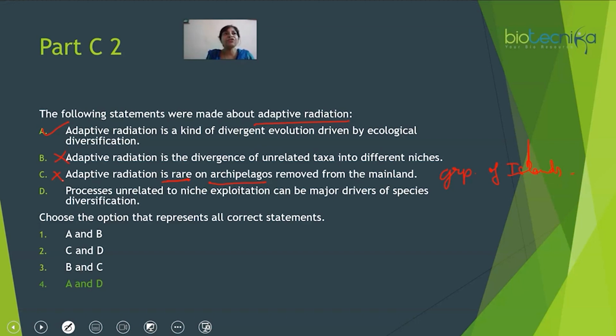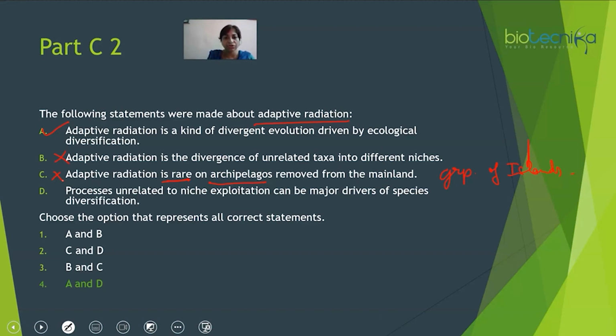Apart from that, if a competitor suddenly goes extinct, then it will make other food or other niches in the ecosystem available for this group, which will again exploit different food sources, different habitats, and that will result in the rapid formation of new descendant species.